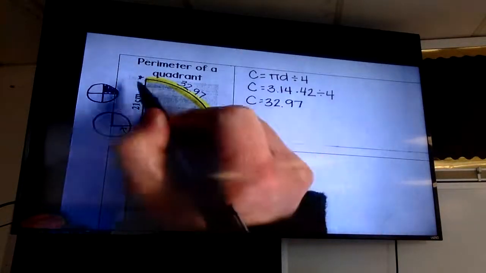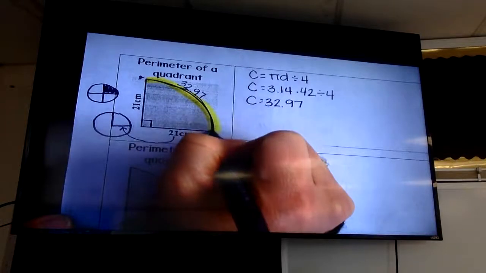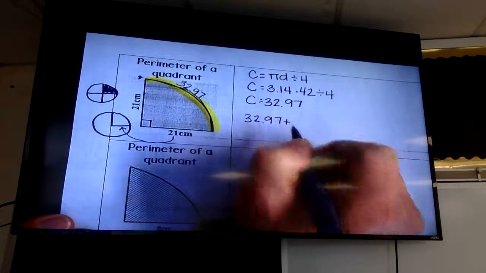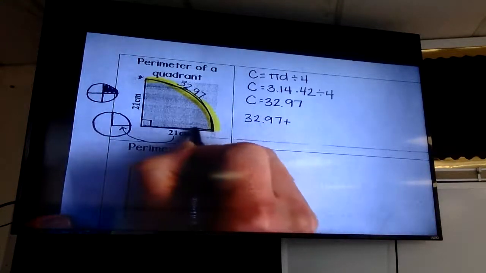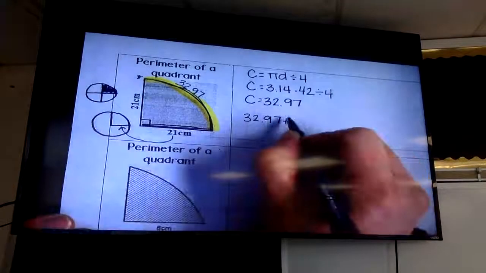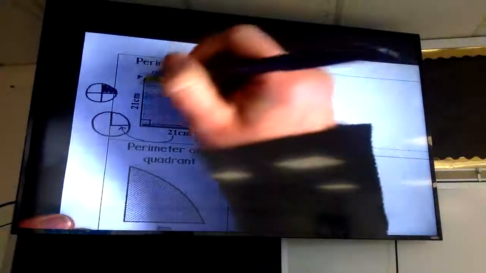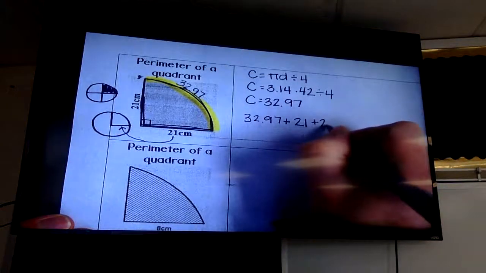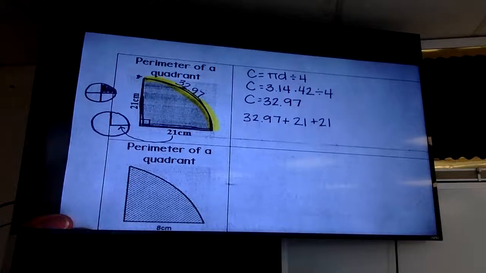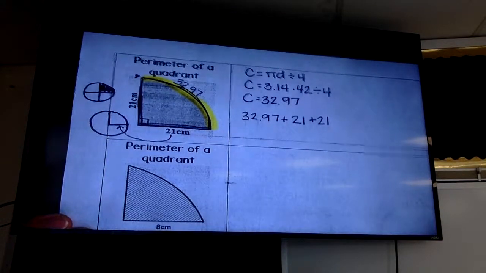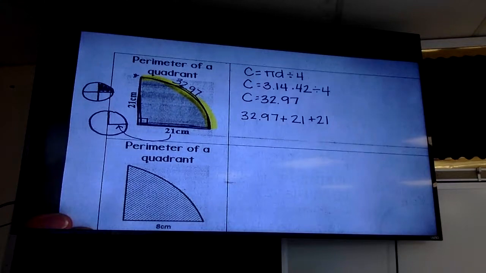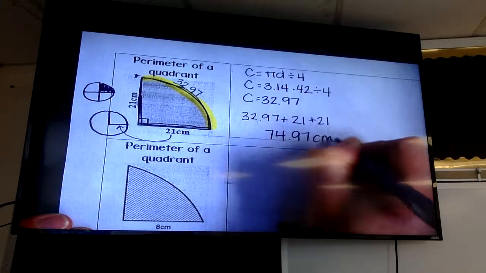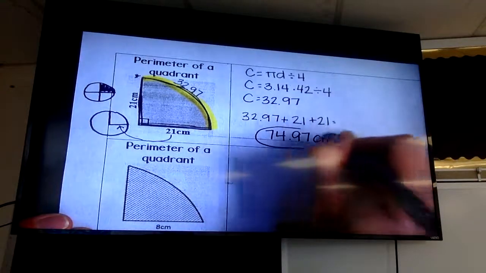So I go from here to here, my arc piece is 32.97 plus, then I have this flat edge right here. That's worth 21. And then I'm not back up to where I started yet. Now I got to add this flat piece right here, which is another 21. So I'm going to say 32.97 plus 21 plus 21. That gives me 74.97 centimeters. And that is my distance around a quadrant.